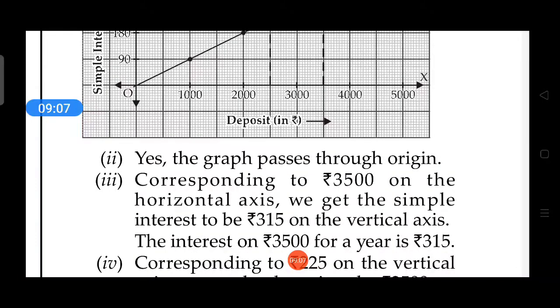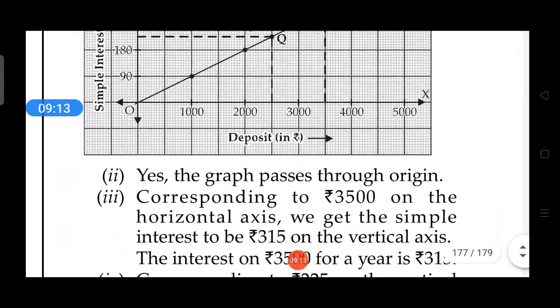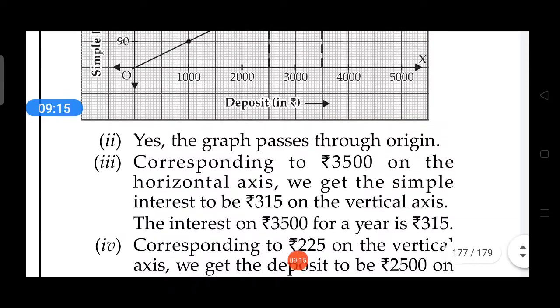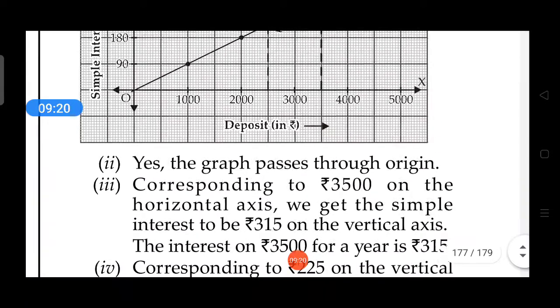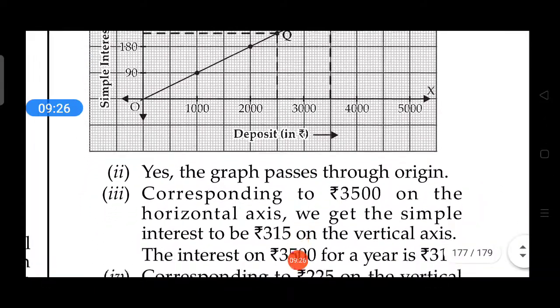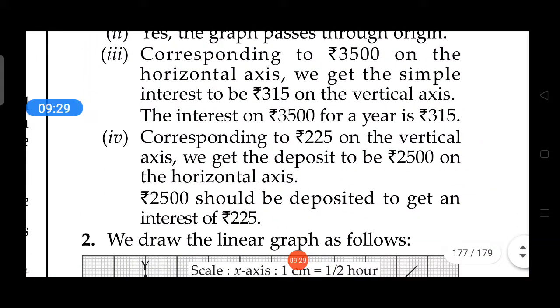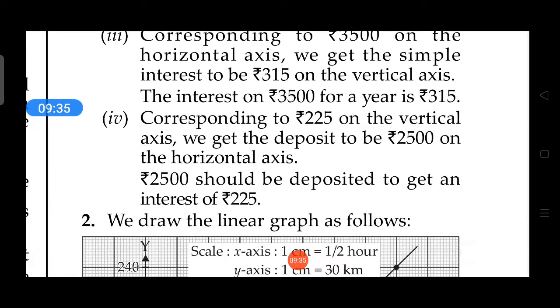Third question, what is the interest on rupees 3500 for a year? So here if you see, the interest is 350 rupees. To get an interest of rupees 225, how much money should be deposited?